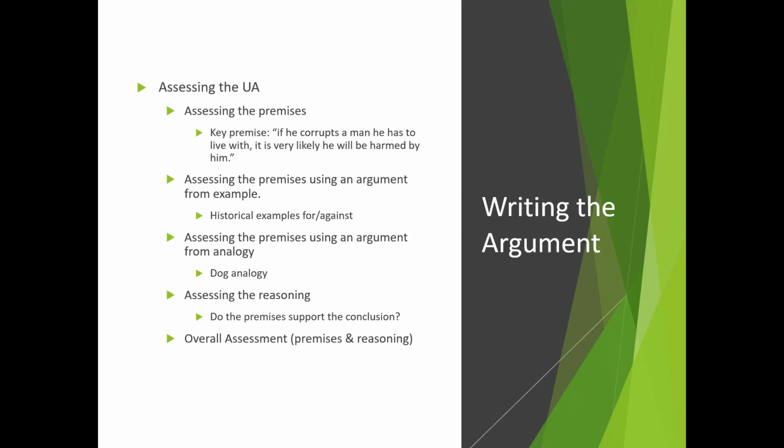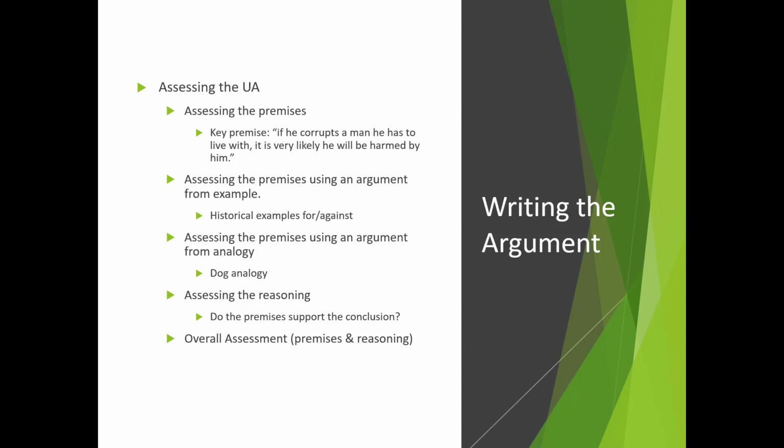A second way to argue, and these are suggestions, you can use these or ignore them as you will, is to assess that key premise using an argument by analogy. And one way to do this is to use a dog analogy rather than a horse analogy. To illustrate, you could use the dog trainer analogy.